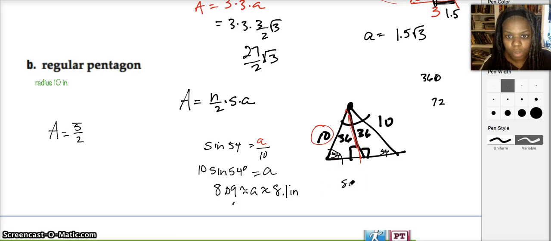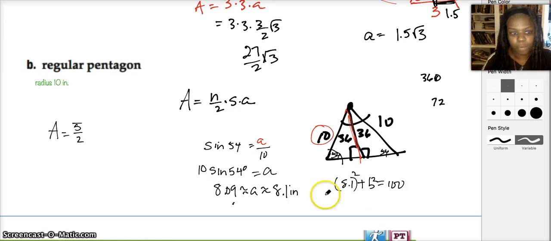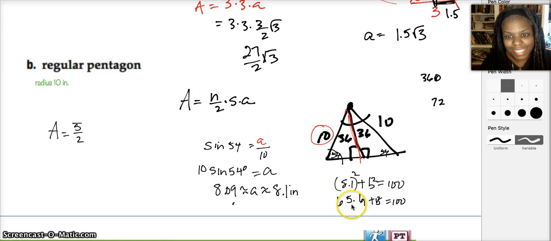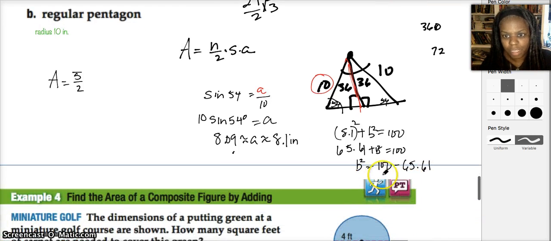So 8.1 is this length, quantity squared, plus this little base squared, is equal to 100. 8.1 squared gives me 65.61, and then when I do a little bit of math magic, b squared has to equal 100 minus 65.61, and that gives me like 34.35 or something like that.